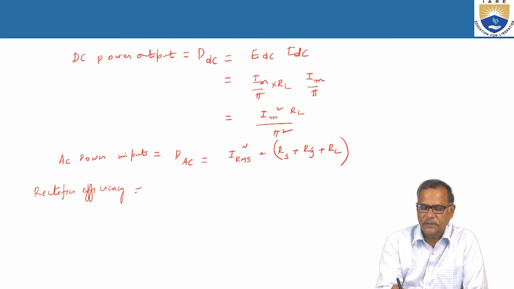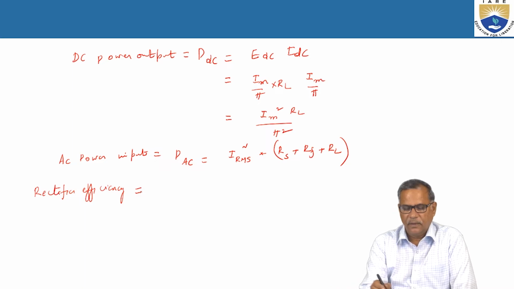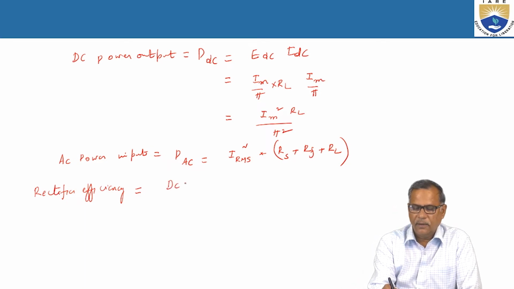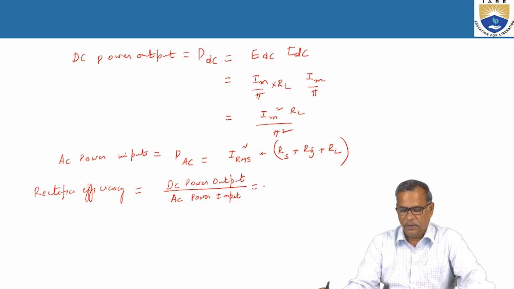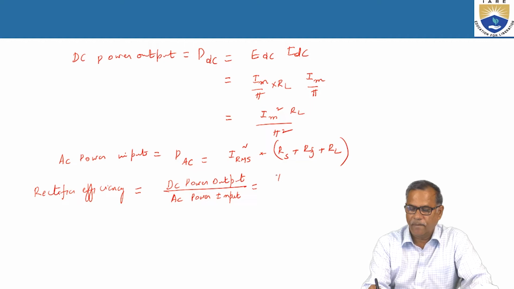So rectifier efficiency we are going to get by taking the DC power output and the AC power input. And what is the DC power output? It is nothing but Im square by pi square into RL.